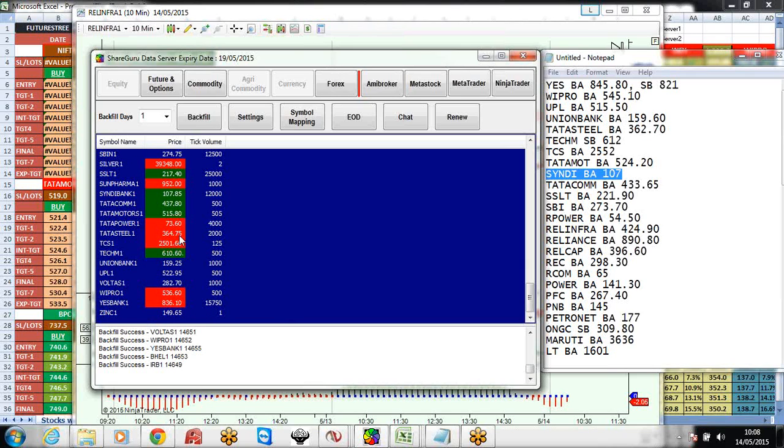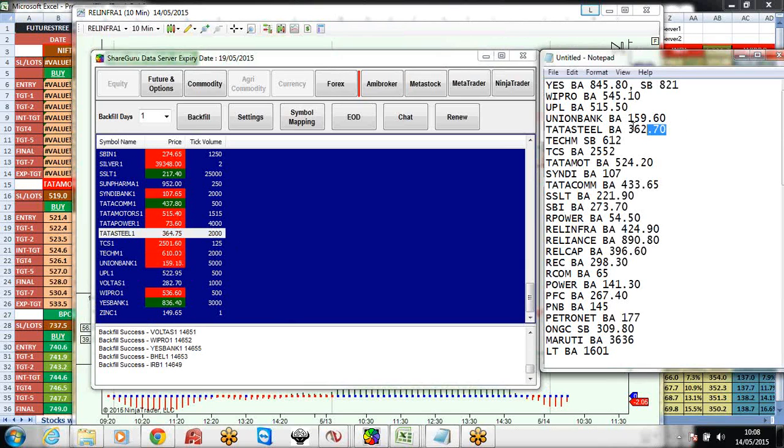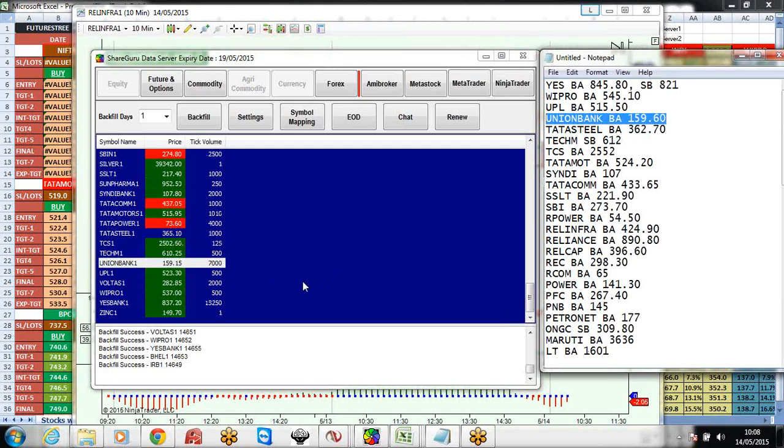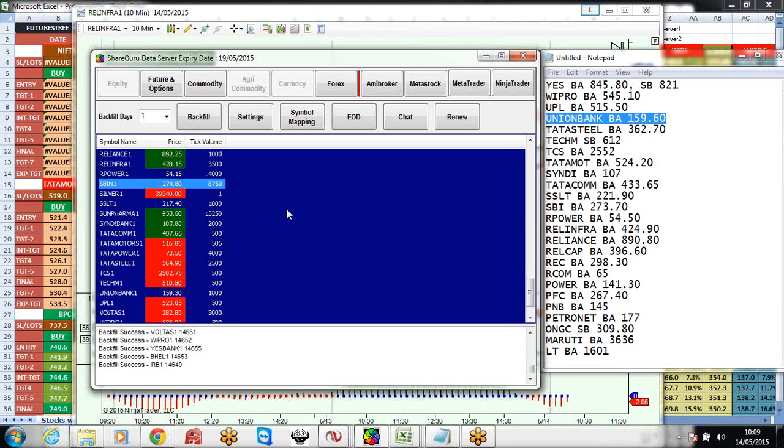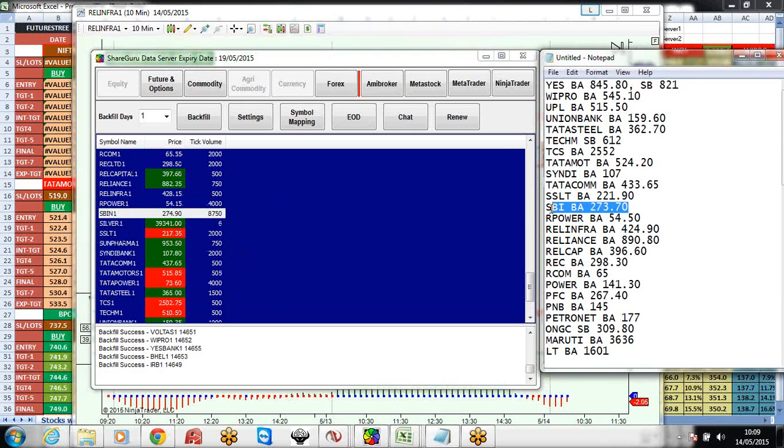Tata Steel is at 364.75. 362.70 is the entry. Union Bank, 159.60 is the entry. SBI, 273.70 was the entry. Now it is at 274.80.